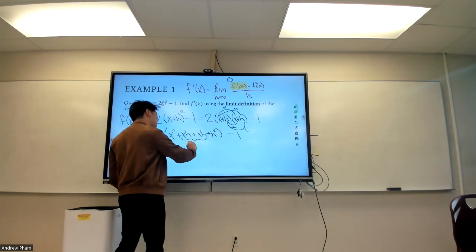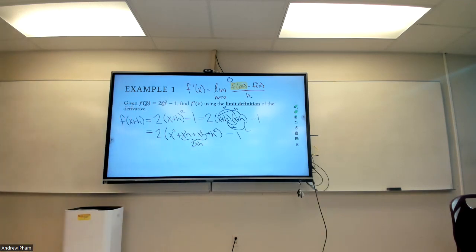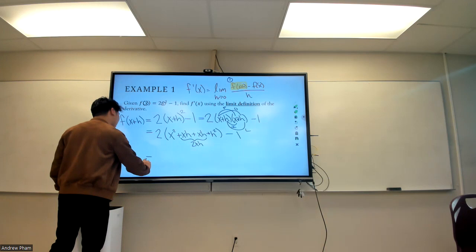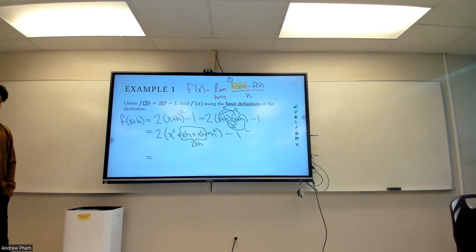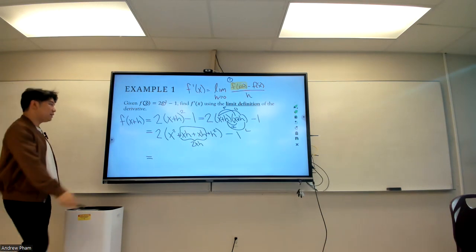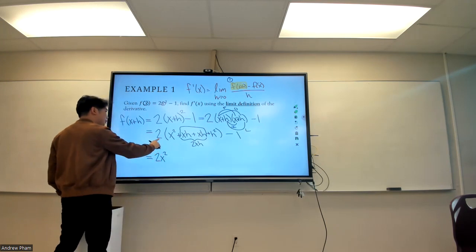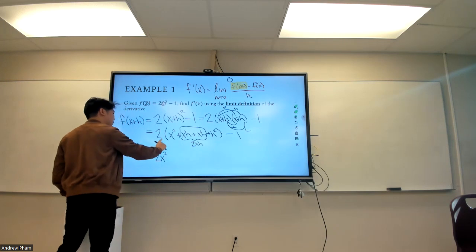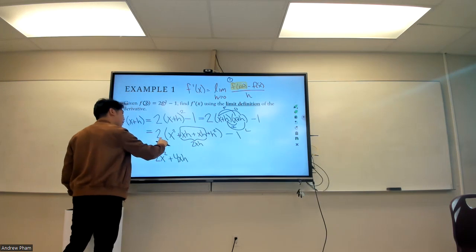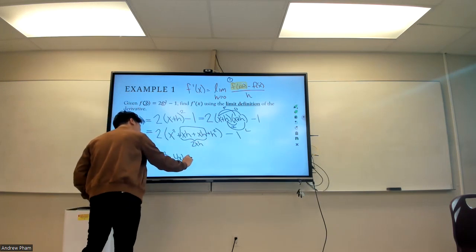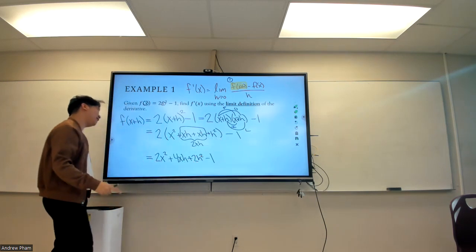So xh plus xh, I get 2xh here. So that's what this portion becomes. And now I'm going to multiply that 2 out. 2 times x squared, I get 2x squared. I said that these became 2xh, so 2 times 2xh, we get 4xh. 2 times h squared, we get 2h squared. And we can't forget that minus 1 that was hanging on at the end.